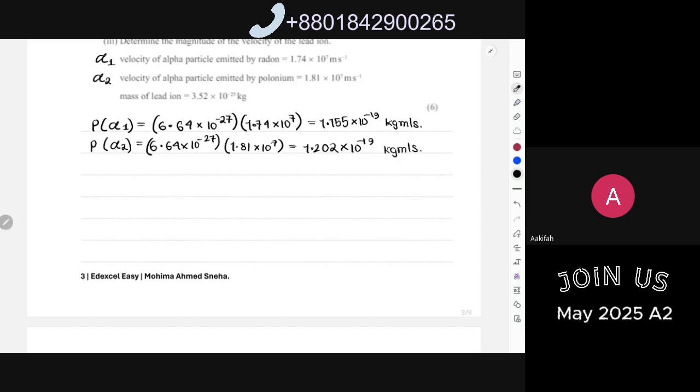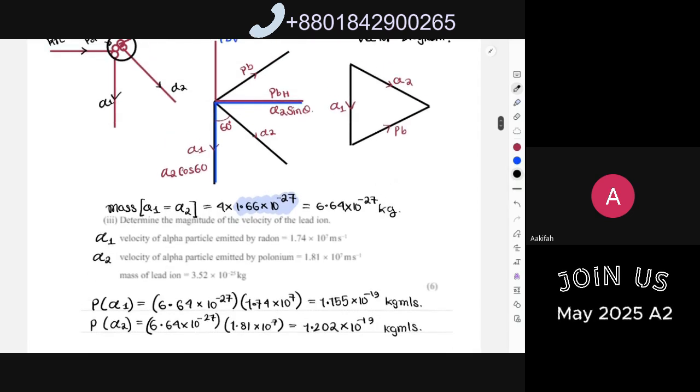Okay, now again, there's actually no need to calculate the vertical component of alpha 2 and horizontal component of alpha 2. Let's just find out the entire vertical component and the entire horizontal component.